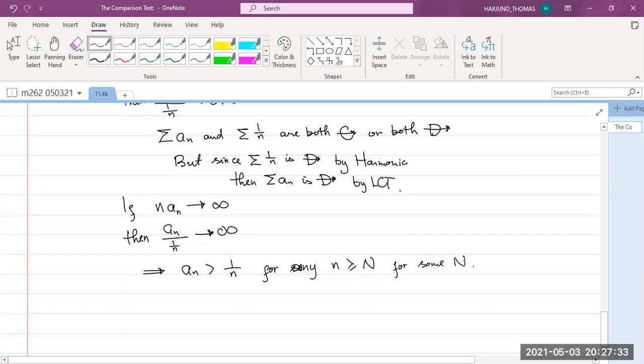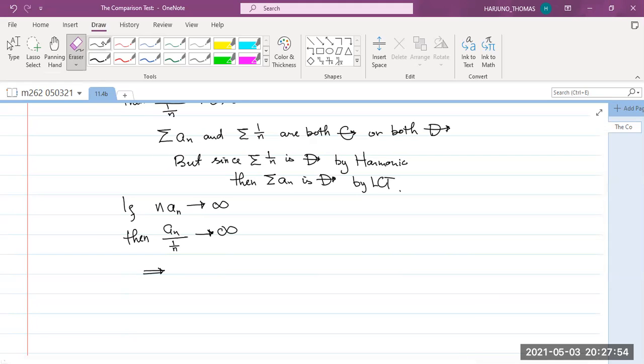Choose the ratio you want. If this ratio converges to infinity, let me not go too fast, it means there is some number N.